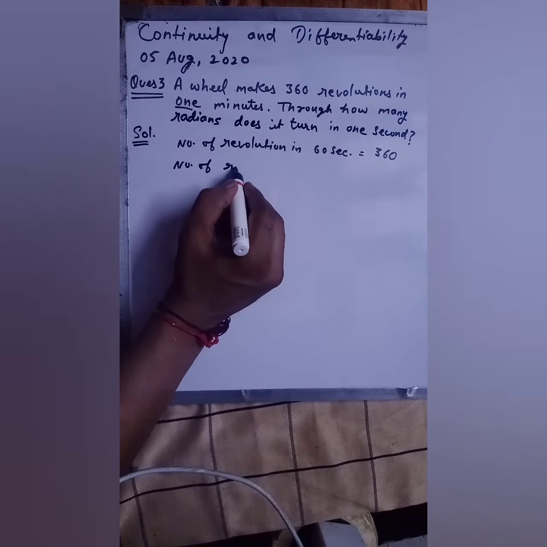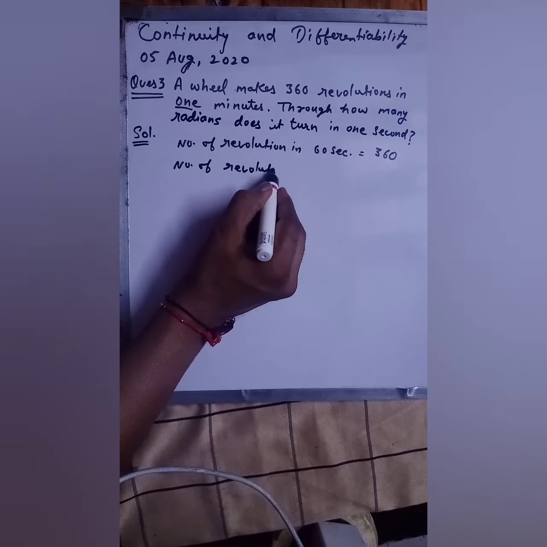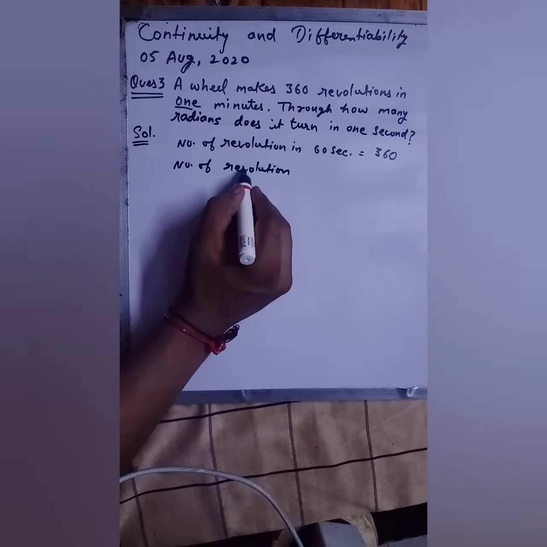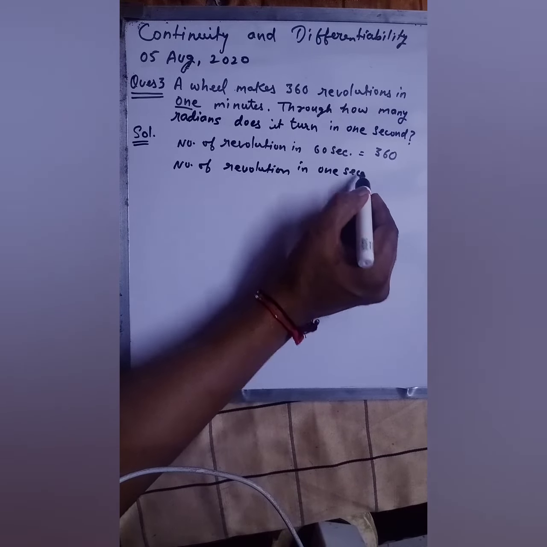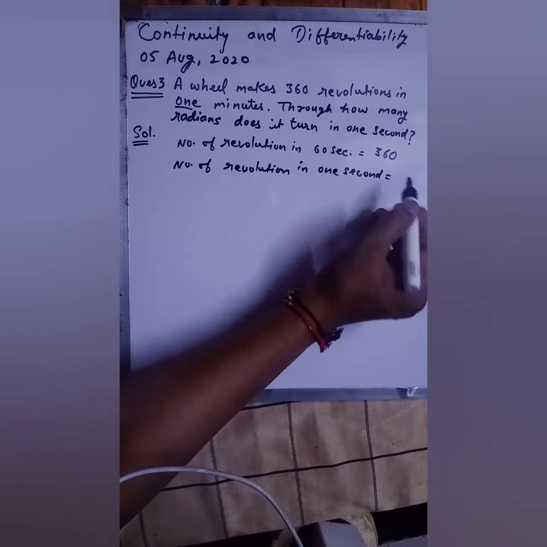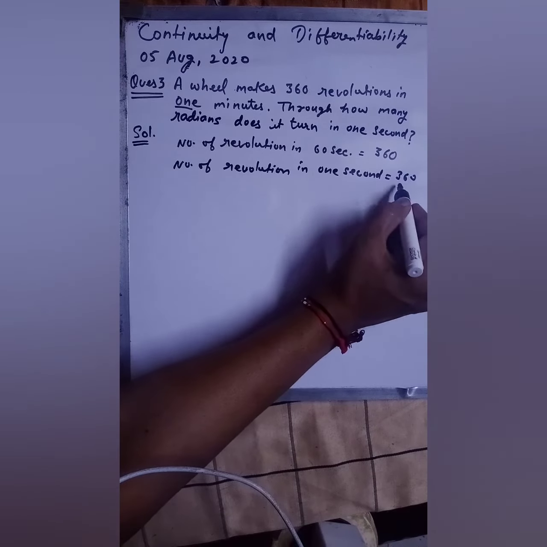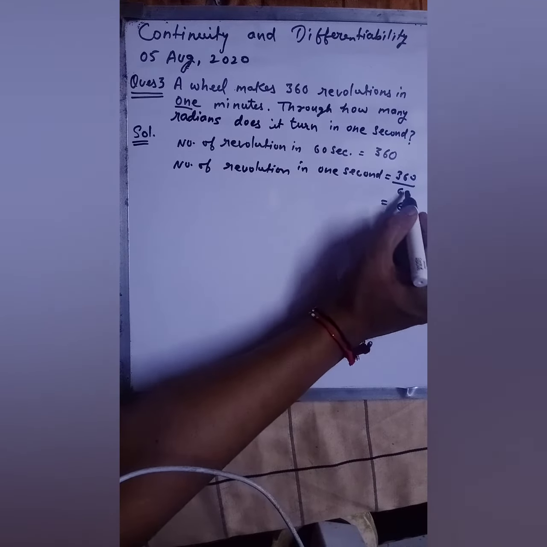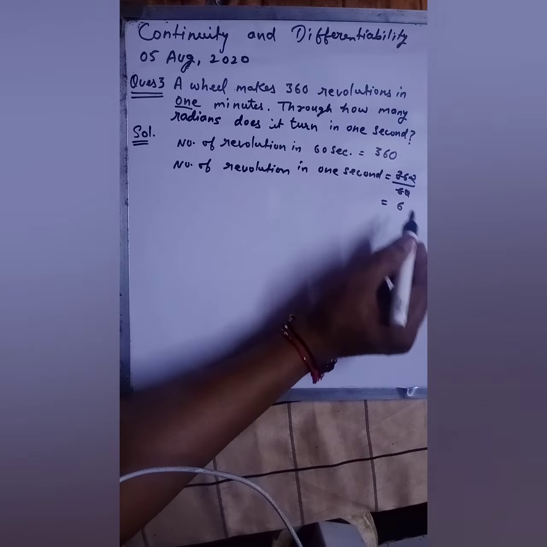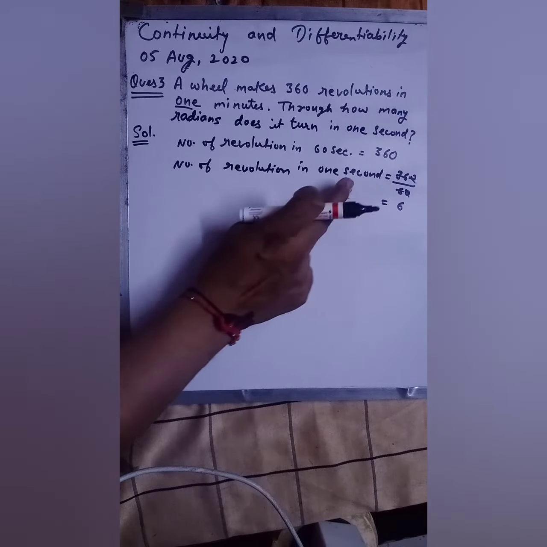Number of revolutions in 1 second is equal to 360 over 60. So when you divide, you will get 6. So number of revolutions in 1 second is equal to 6.